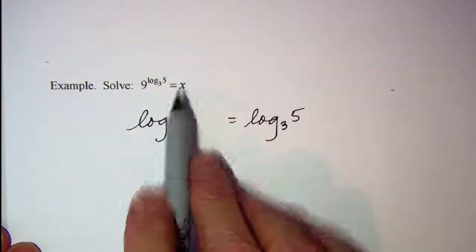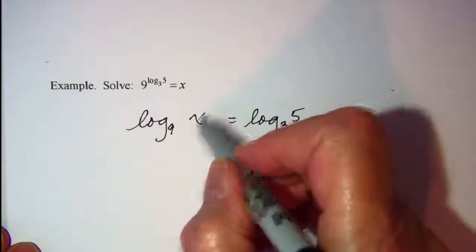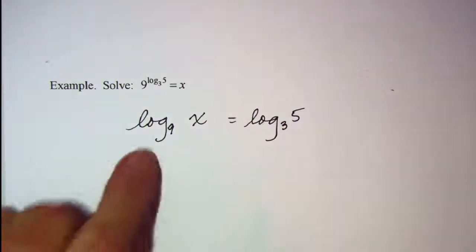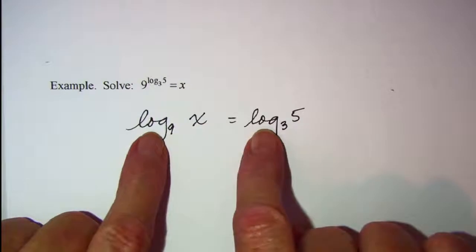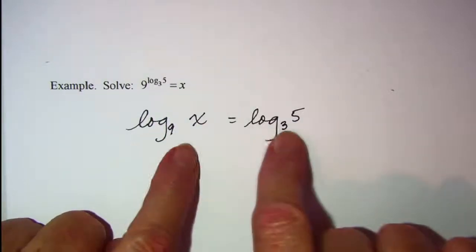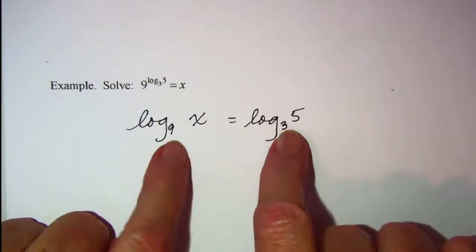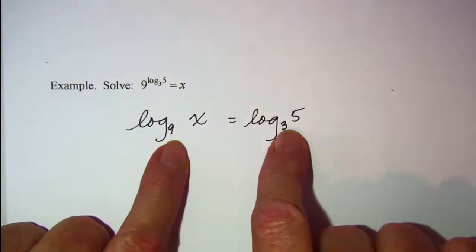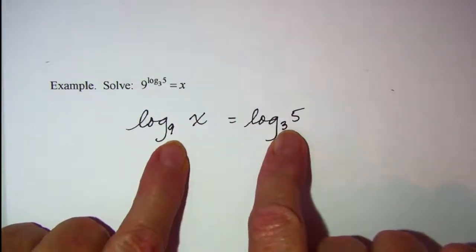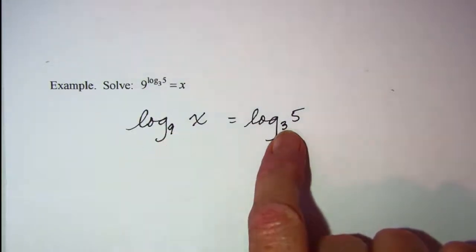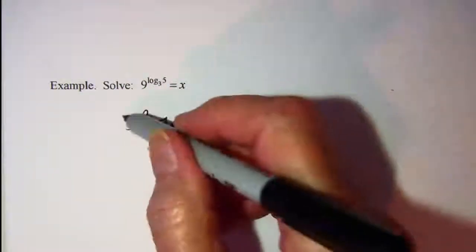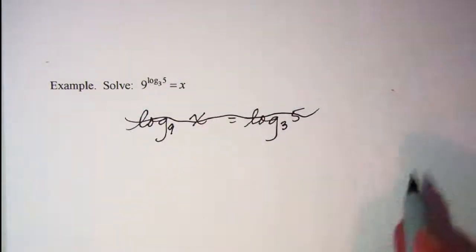And then x is my argument on my logarithm. Again, match up your pieces. You have logs on both sides. Okay, we're going to have to change our tactic here because we need to have the same base. So we can't do this like this yet.